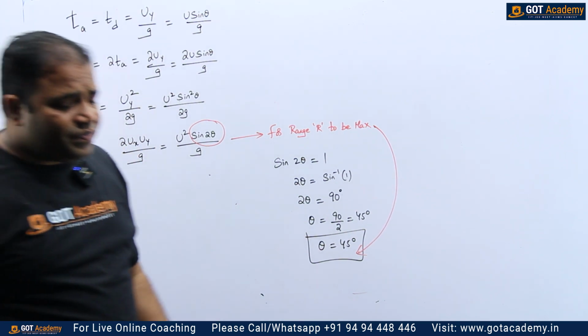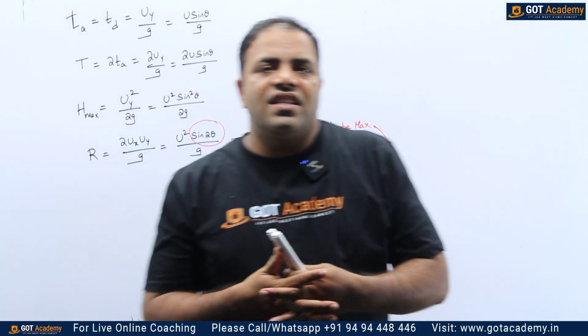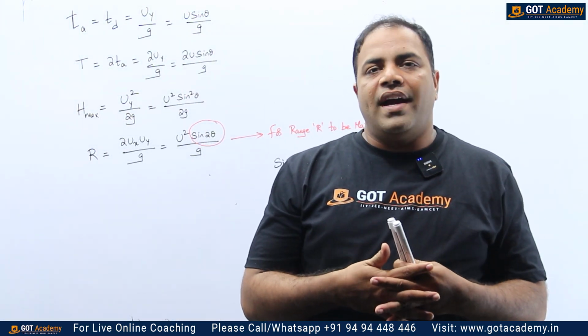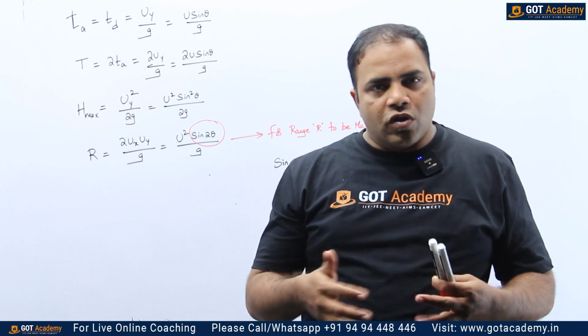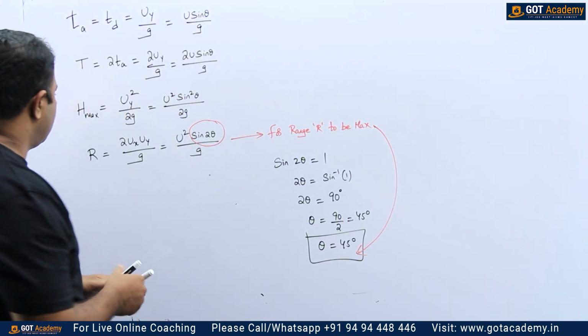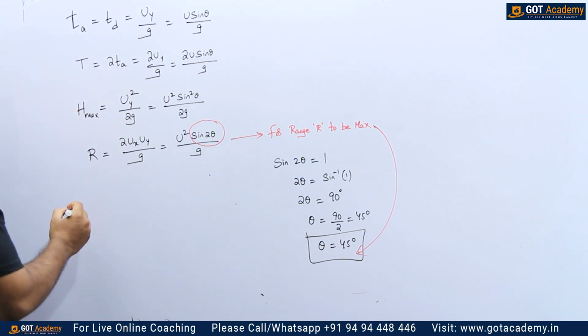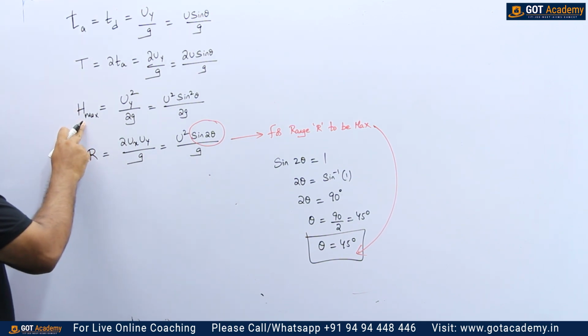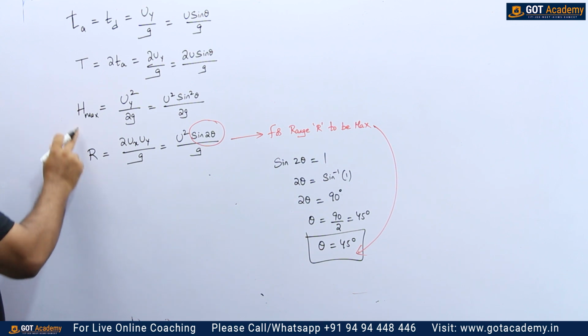Now we have to discuss a few relations between range, maximum height, ascent, descent and flight. So those things I will tell you. So here you got H, here you got R. Let us find out the relationship between these.